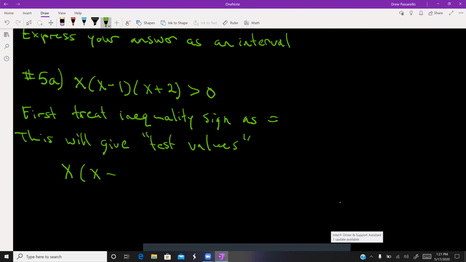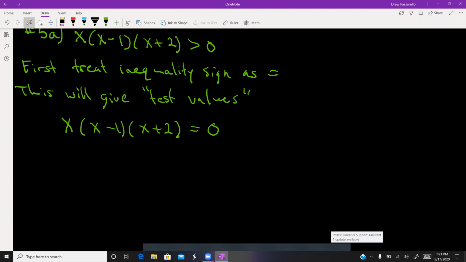So for this example, if I treat it as an equal sign, so the x and then x minus 1, x plus 2 equal to 0, I have 3 different factors, which means I'm going to have 3 different scenarios or 3 different cases. And I'll write x1 for the first one, and that's going to be, if focusing on just x itself, the first factor, x equal to 0.